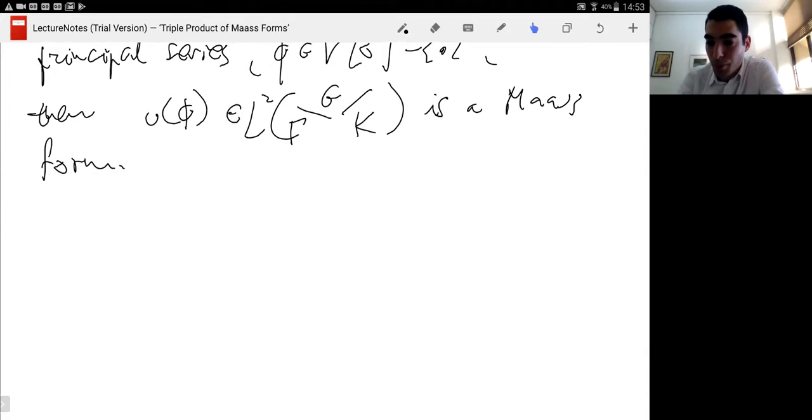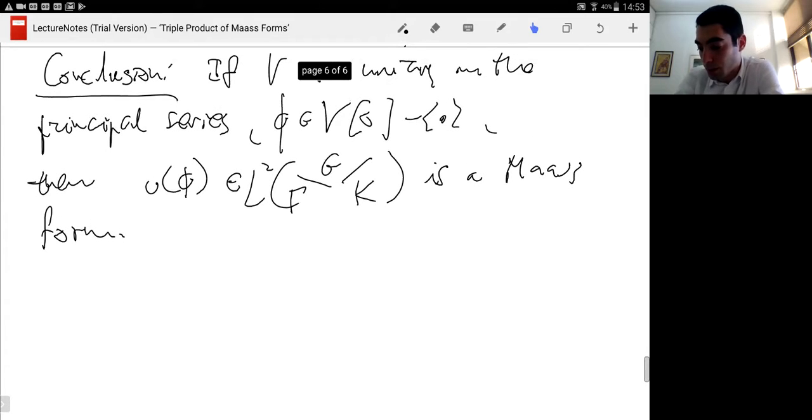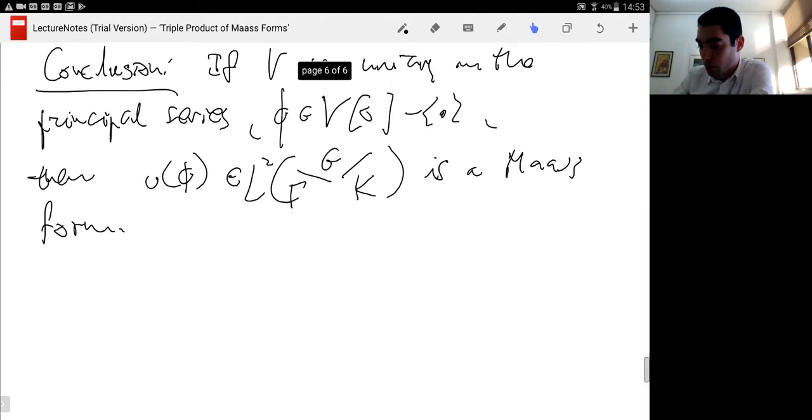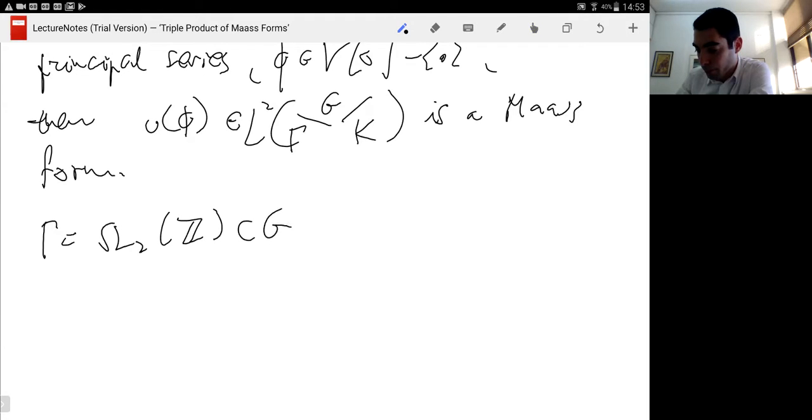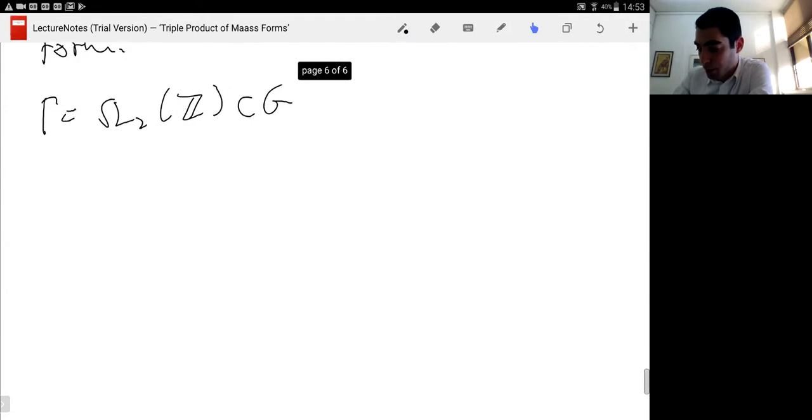Okay, so previously we discussed Maass forms on compact spaces. Now it's slightly challenging to give explicit examples, but once we move to the non-compact setting, which is of course of great interest as well, for example, if we let gamma be SL2(Z), then it is a lattice, but the quotient is not compact.